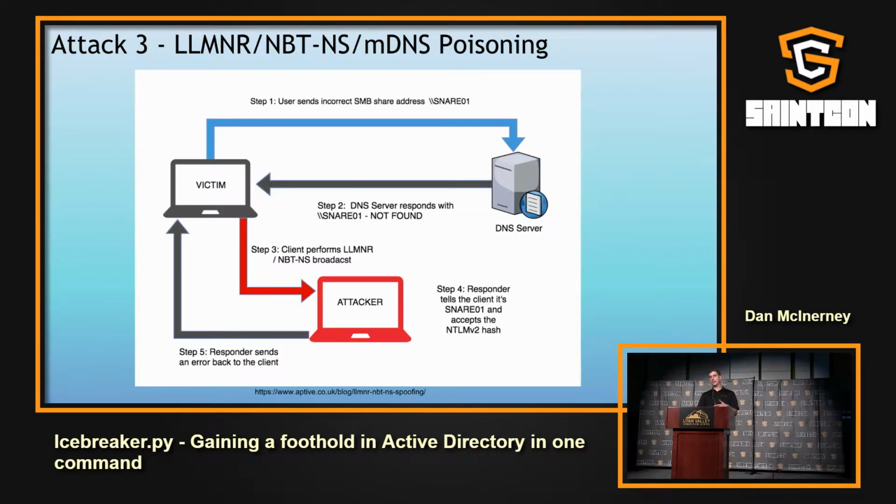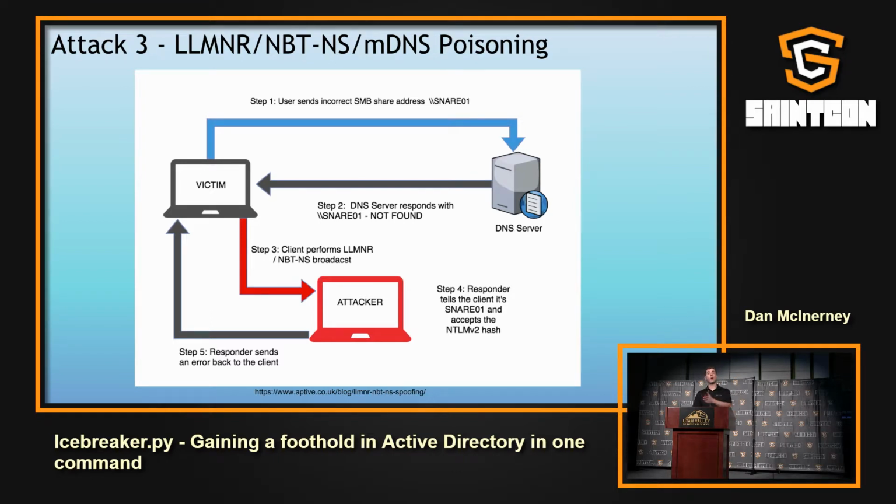This is an example of how this works. The victim is going to send out an incorrect SMB share address. Maybe they'll do net use \\snare01. Snare01 doesn't exist. So the DNS server, which is the first IP address to hostname mapping protocol that an Active Directory network will use, will say, hey, that doesn't exist.